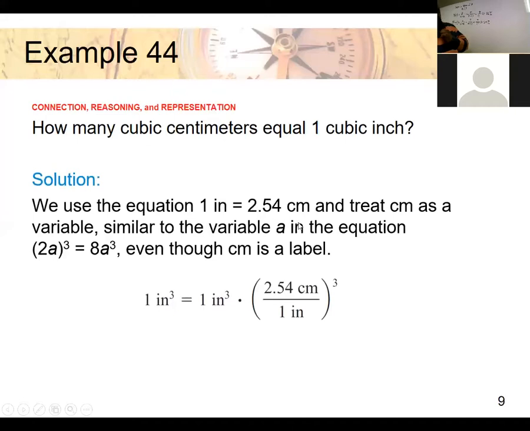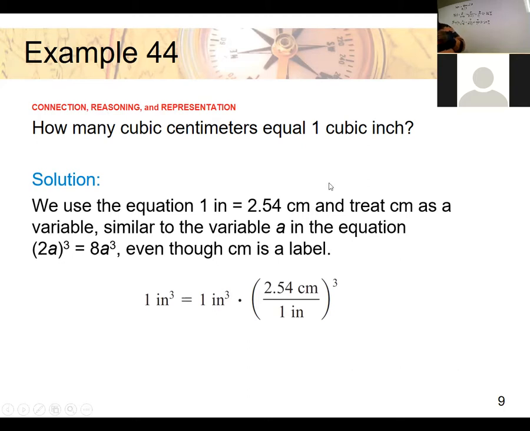So similar to the variable a in an equation like 2a, when we raise that to the third power, 2 to the third would be 8, and a to the third would be a cubed, even though we have centimeters labeled.